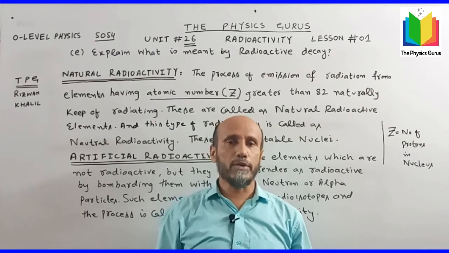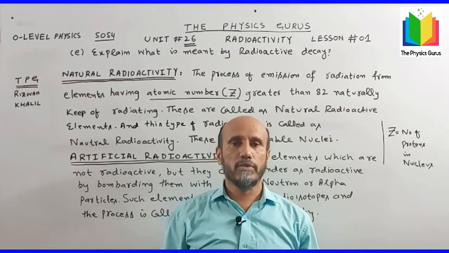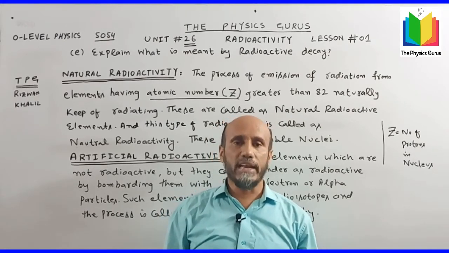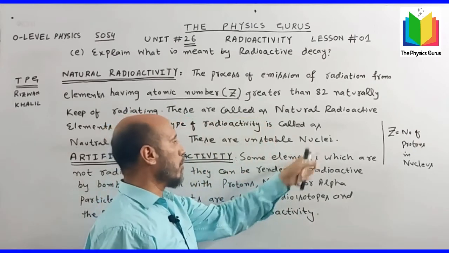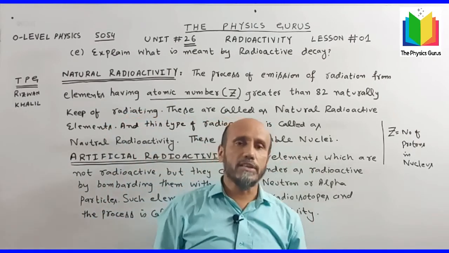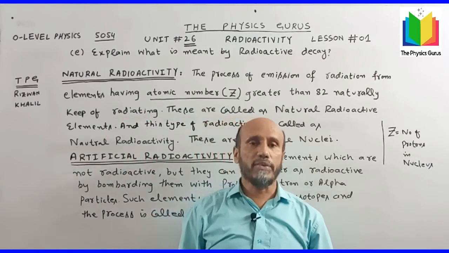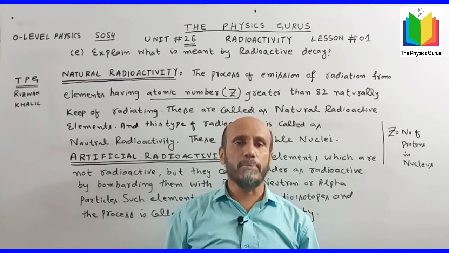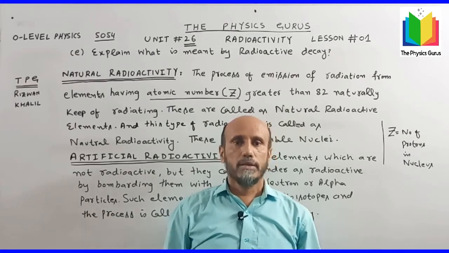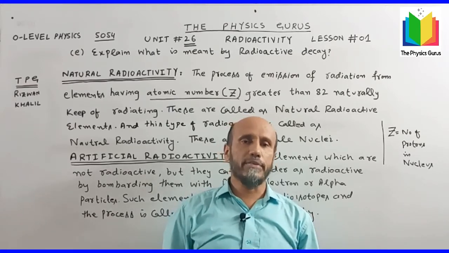One important aspect of this sort of radioactive element is that these are unstable nuclei. What does it mean? They are unstable by nature, and after emitting radiation they want to become stable nuclei.